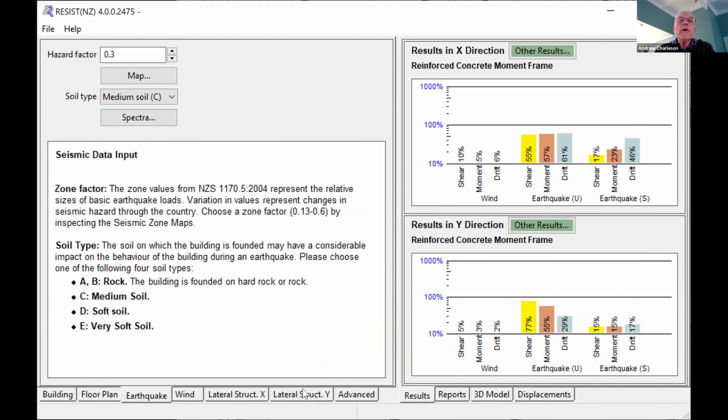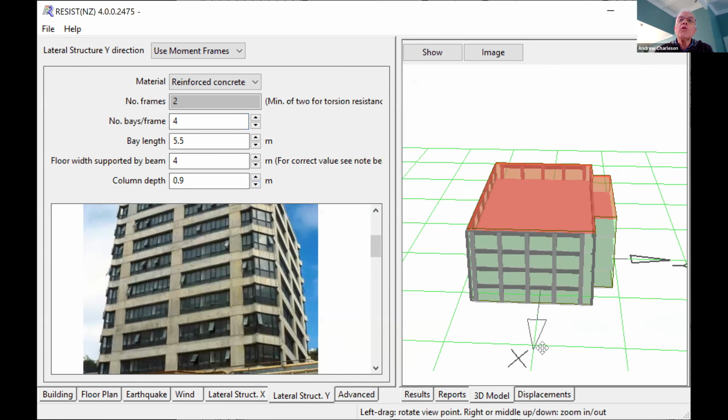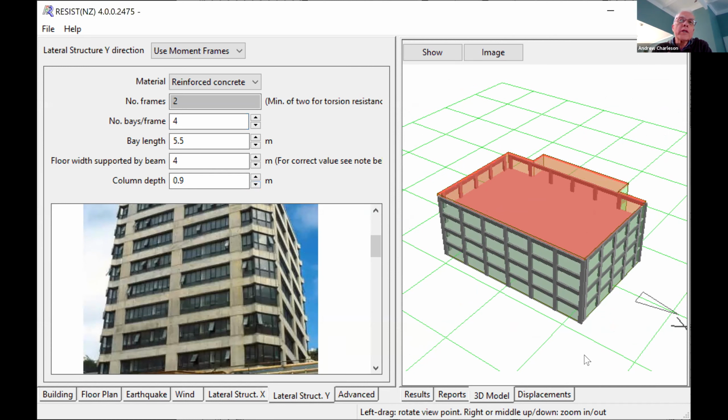So in the Y direction, if I discover I'm on medium soil, I can reduce my structural sizes. And see, now my columns are only 0.9, 90 centimeters, which is a lot more reasonable. So you can see that the soil conditions are quite sensitive.